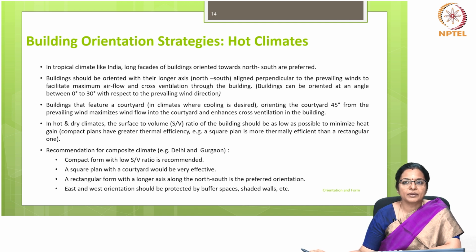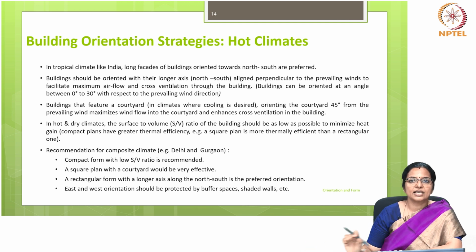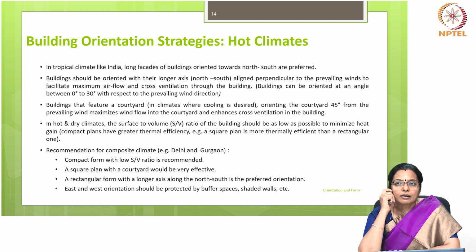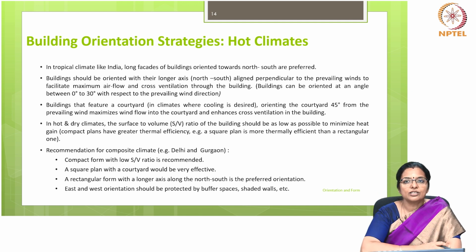Compact plans exhibit greater thermal efficiency, with square plans being more thermally efficient than rectangular ones due to the reduced exterior surface area, which we have already seen in the previous slides. By reducing heat gain through thoughtful building forms, occupants can enjoy more comfortable indoor temperatures without excessive reliance on air conditioning.